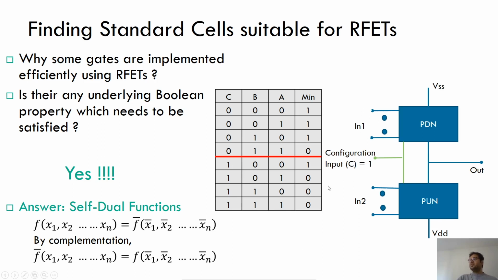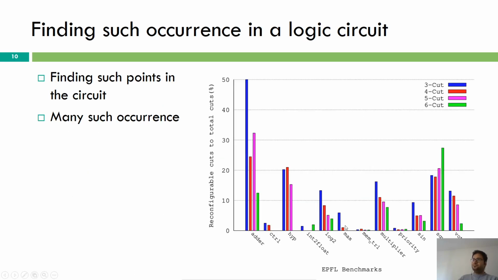So we came to the conclusion that if we have self-dual functions, where based on one of the inputs you can change the functionality from a NAND to a NOR, then all those Boolean functions which show self-duality can be implemented cheaply in reconfigurable FETs.